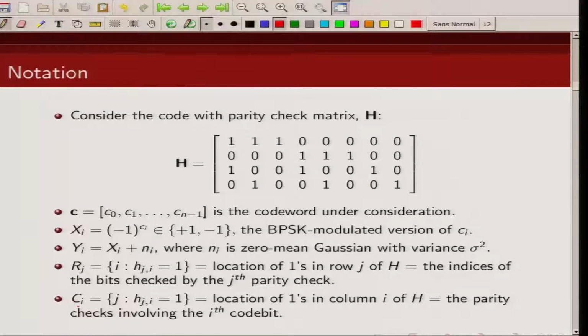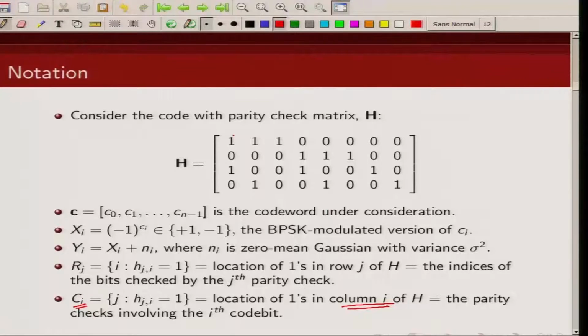Now, we use the notation Ci to denote the location of ones in column i. What does the location of ones in column i denote? It denotes which parity check equations the ith bit is participating in.